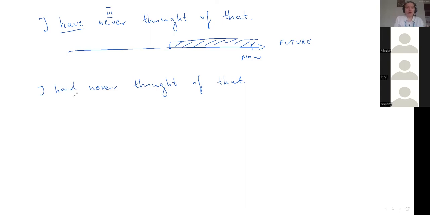Here we have the same have, but in the past, and the third form of the verb. So practically the technical difference between the present perfect and the past perfect is between those two forms. This is present perfect. This is past perfect.